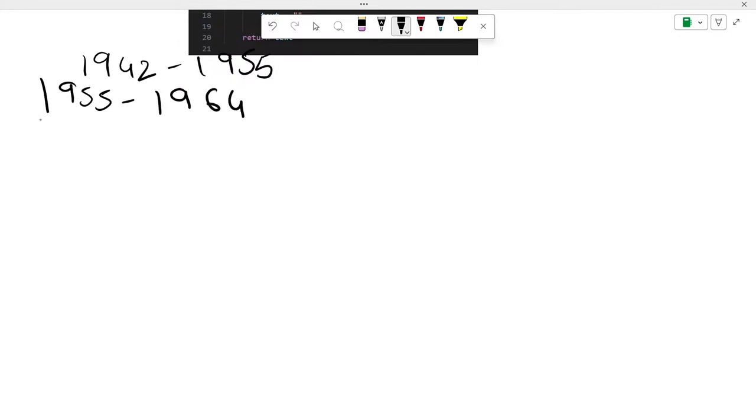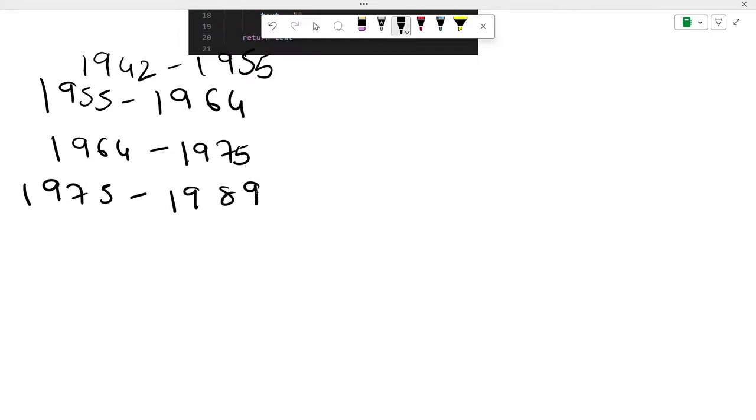The third generation is from 1964 to 1975. The fourth generation is from 1975 to 1989. The fifth generation, the present generation, is from 1989 till now.